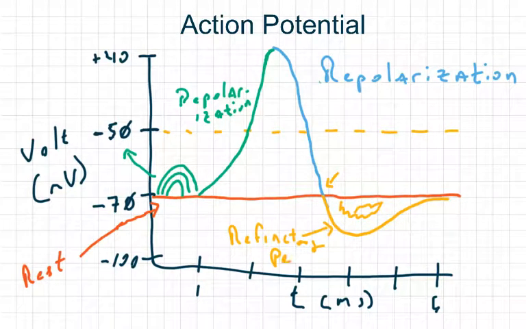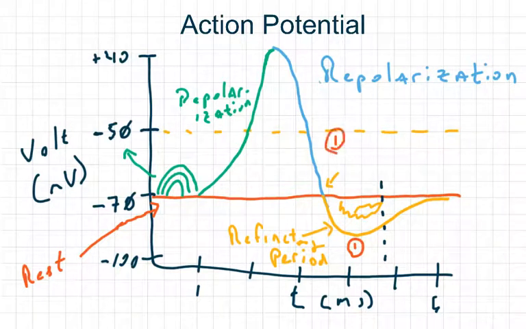Now, the refractory period can really be divided into two components. The first, I'm going to denote as one, is called the absolute refractory period.